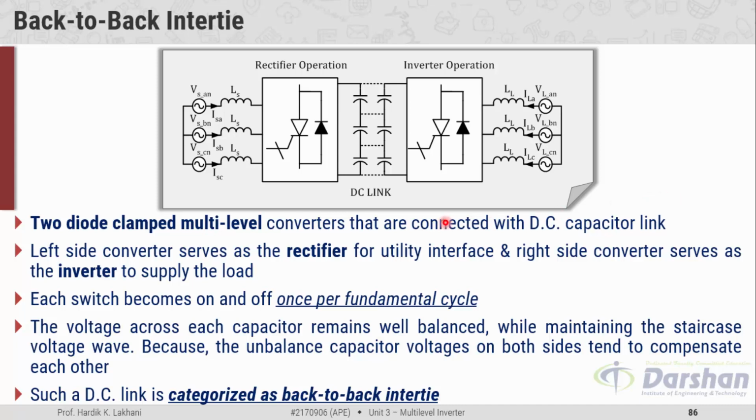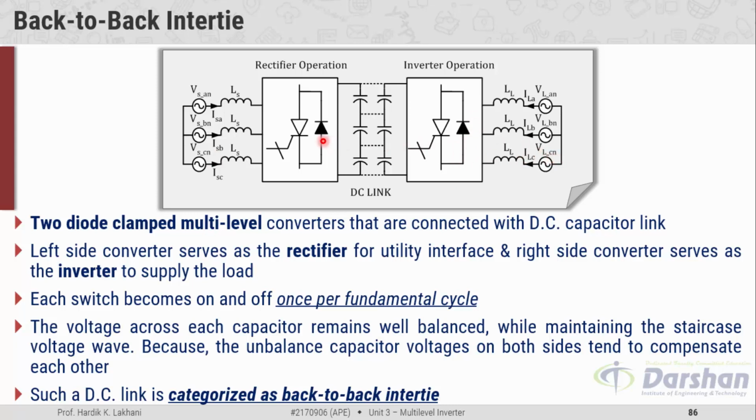Two diode clamp multi-level converters are connected with a DC capacitor link. The first one is operated as a rectifier and the second is operated as an inverter. So the left side converter serves as the rectifier for the utility interface, and the right side converter serves as the inverter to supply the load.